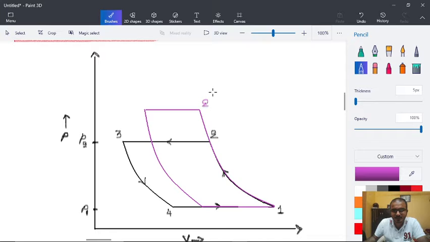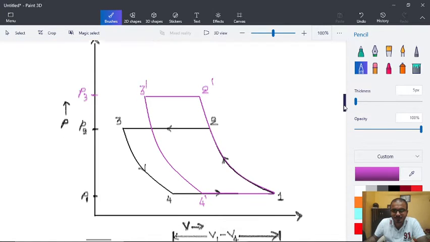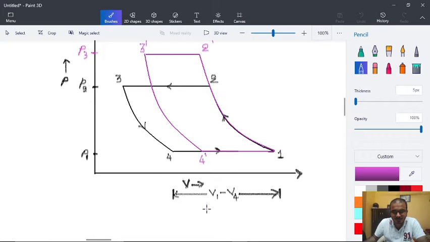This is the way the higher pressure ratio will work, and the pressure ratio here will be P3 to P1. If you see carefully here, because of this the swept volume has reduced: V1 minus V4 prime.